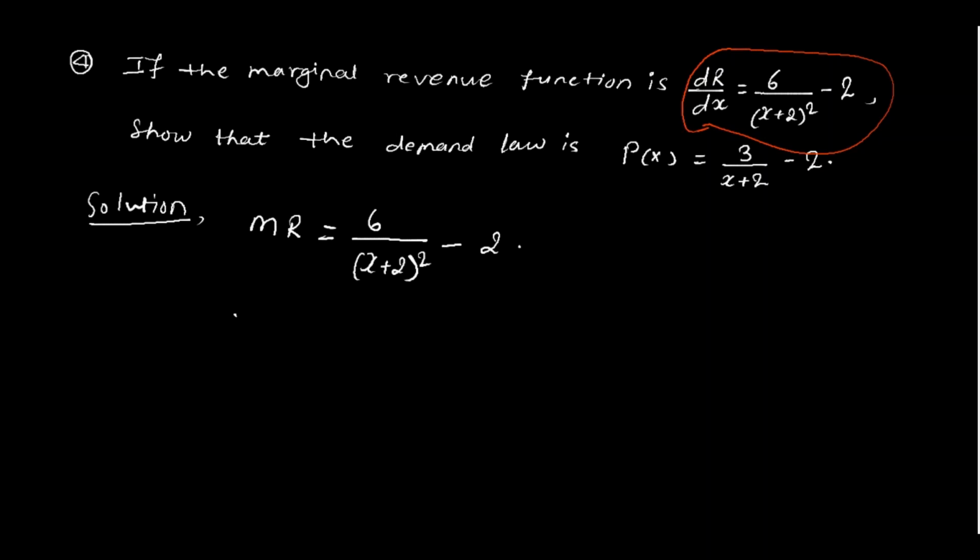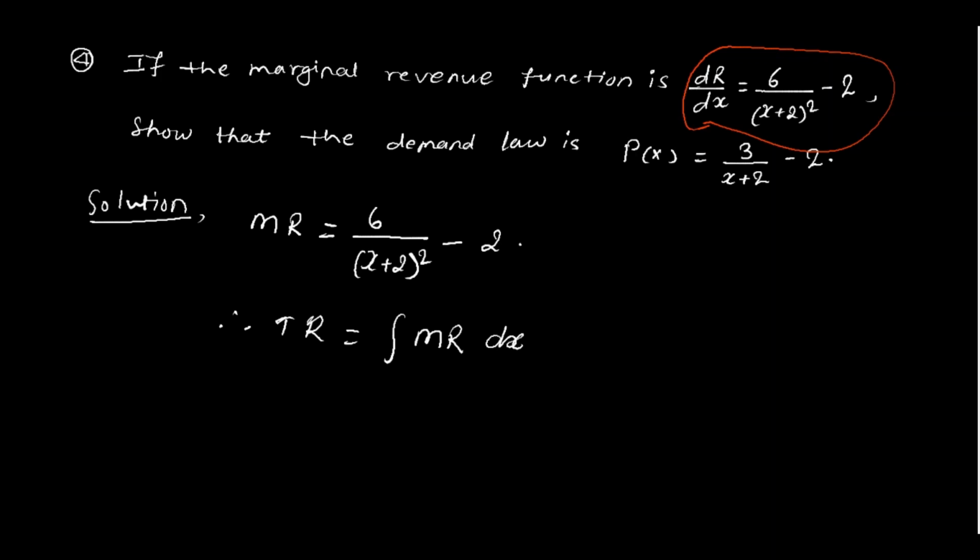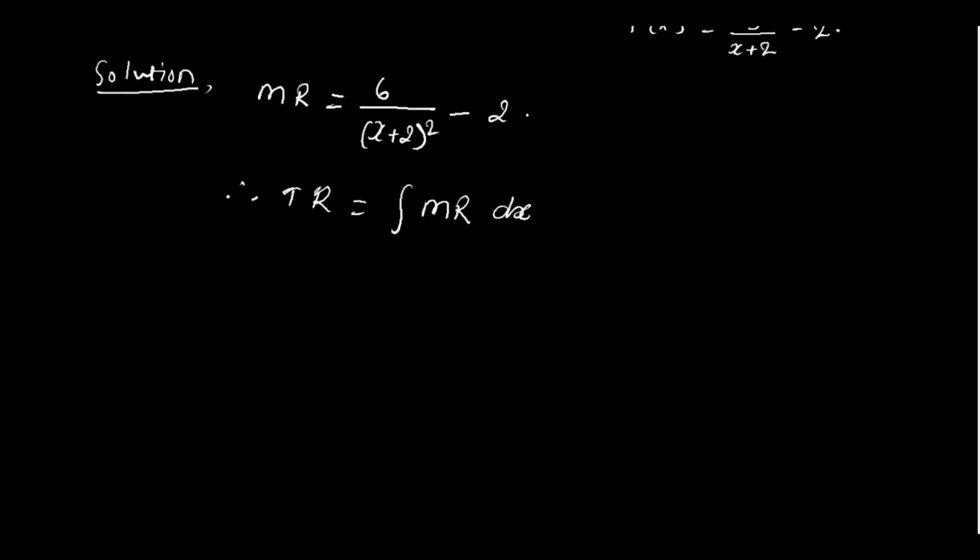For demand, we must know that the demand is R by X. So firstly we have to find the total revenue. Therefore total revenue is equal to the integration of marginal revenue, as in the previous examples, which is equal to the integration of 6 by (x plus 2) whole square minus 2 dx.